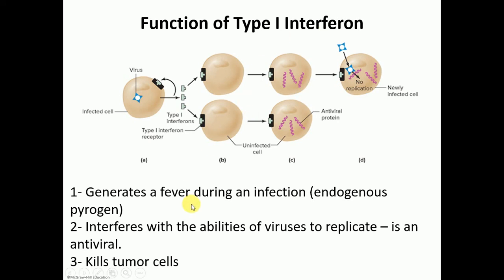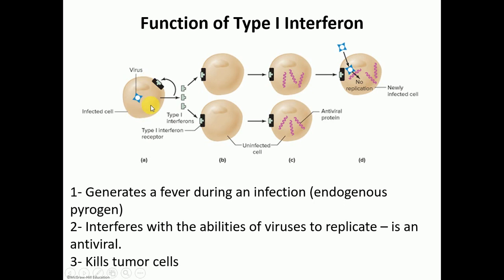So let's take a look at how it interferes with the ability of the virus to replicate. Know that a virus is an obligatory intracellular pathogen, meaning that in order to survive, it has to live inside of a cell. You see here, this virus invaded the cell. Now this is an infected cell.